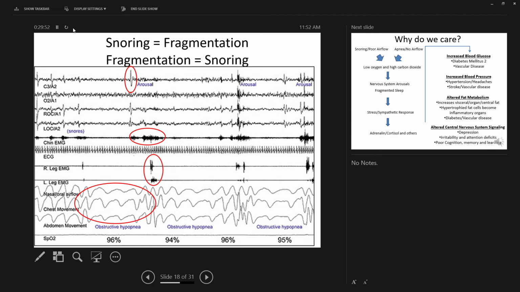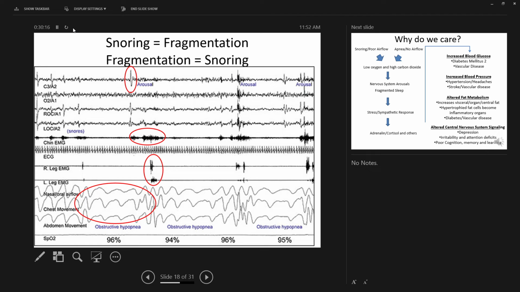And we'll get into this in more detail another time also. If you notice in the very top one, the C3-A2 lead, you can see a spike that is circled in red. That indicates an arousal, and you can see two more at the end. That means that something stimulated the brain to say, hey, something's not right, maybe you need to wake up, maybe.